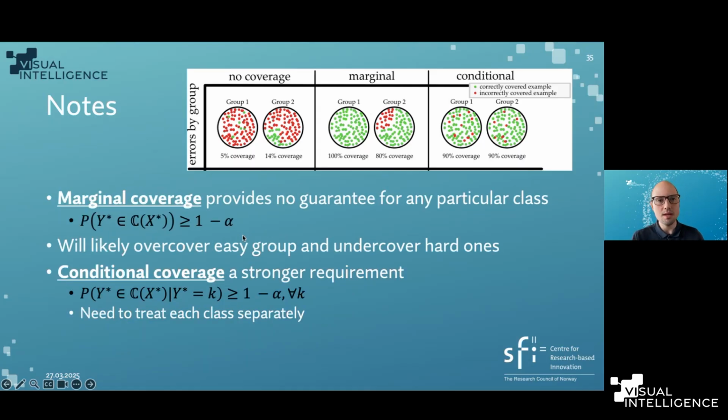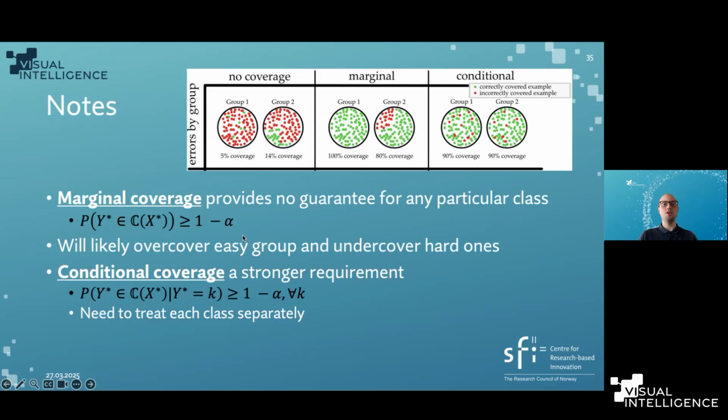Yeah, and as mentioned, marginal coverage only guarantees that you will be correct in general, but does not provide any guarantee for any particular class or group or partition of the data. So in reality, when you use conformal prediction with a marginal coverage, you will likely overcover easy groups and undercover hard ones.